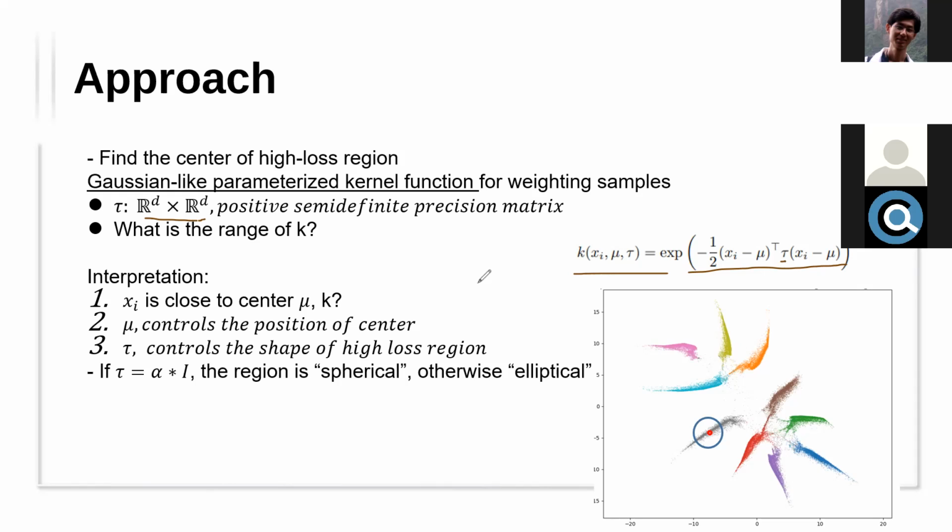So here I have a question. What is the range of this kernel function? That's a good question. Tau is a semi-definite matrix, right? So what is the range of this part?